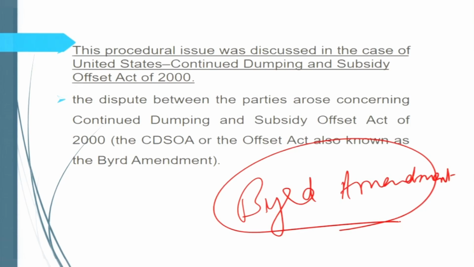Now, what it was doing, as per this law, was very tricky. US companies started making allegations against foreign companies that they are dumping their products in the United States. All right. So, US companies started making those claims that these foreign companies have started dumping their products in the US market.